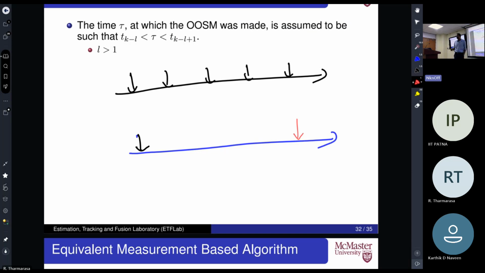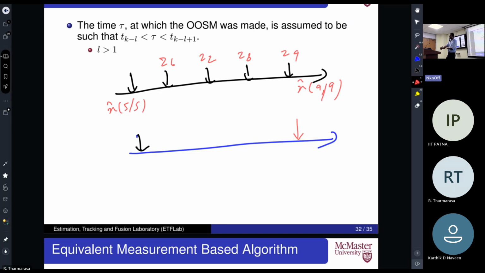You get it, right? Let's say you have x hat 5|5, 6, 7, 8, 9. You have x hat 9|9. So you have that. Now we have z6, z7, z8, z9. Are you okay with it? This is a normal filtering. So we have a state here and then we get it back.